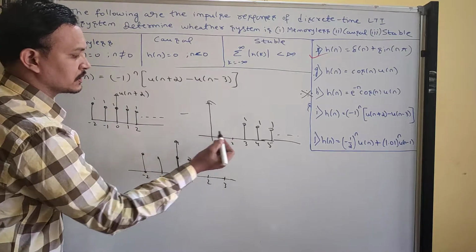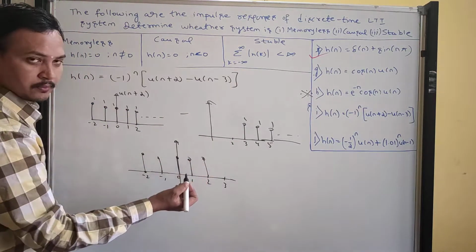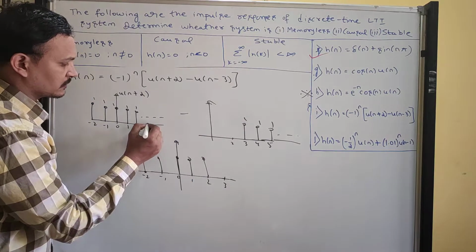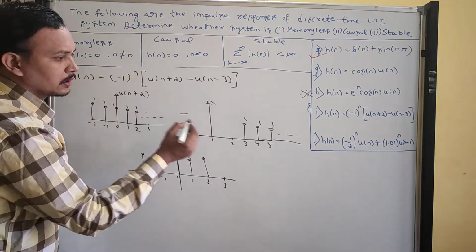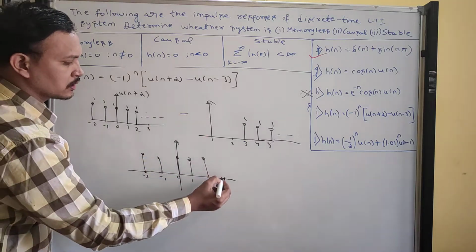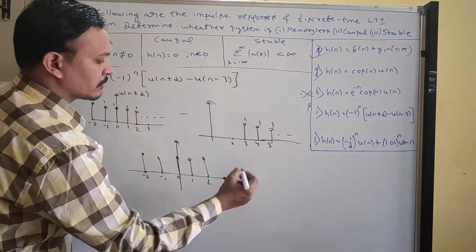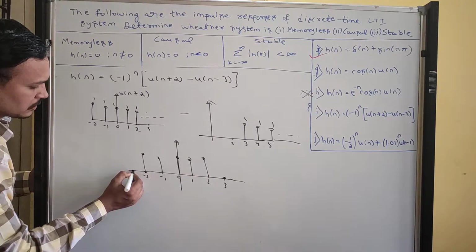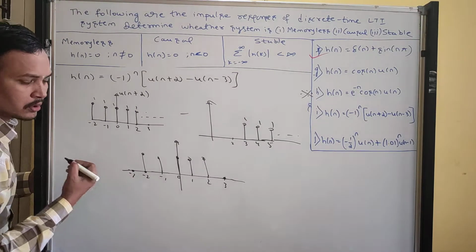Here at -2, 0. 1 minus 0 is 1. At -1, height is 1, here nothing, so 1 minus 0 is 1. At 2, height is 1, here at 2 height is 0, so 1 minus 0 is 1. At 3 it has magnitude 1, here at 3 magnitude 1, so 1 minus 1 is 0. From here onwards everything is 0, and from -3 backwards everything is 0.